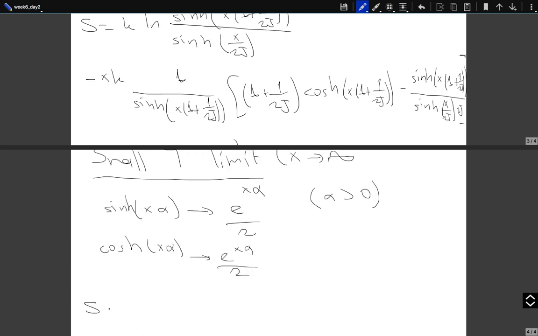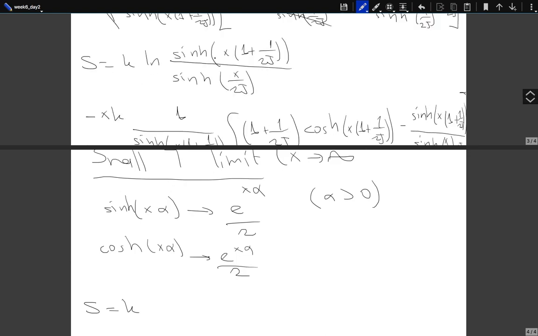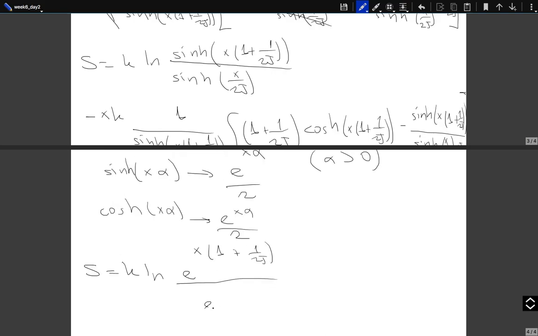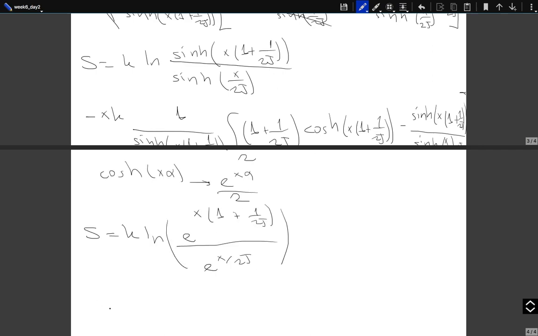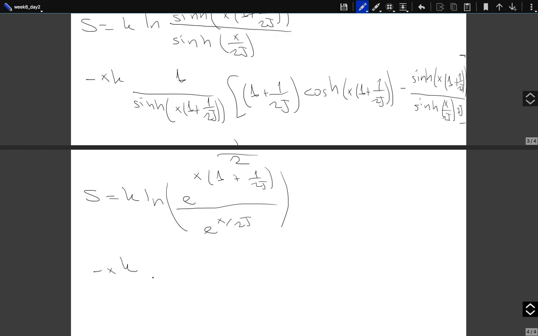So S is, if you look at the above expression over here, well, there's this first term, this is the logarithm of e to the power x times 1 plus 1 over 2j divided by e to the power x over 2j. This is the logarithm, minus x times k, 1 over e to the power x times 1 plus 1 over 2j.